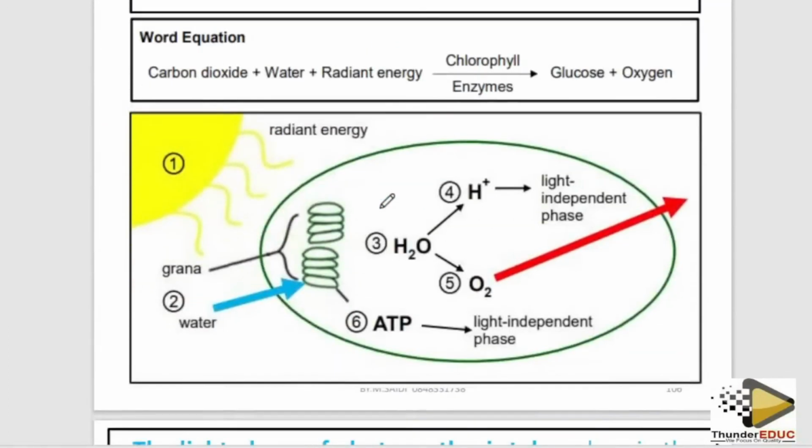In the light phase, the first thing which occurs is the sun will be trapped by, I'm just going to summarize this, the thylakoids, yes, the grana. This is called the light phase. The light phase occurs in the grana. You understand? While the dark phase occurs in the stroma.